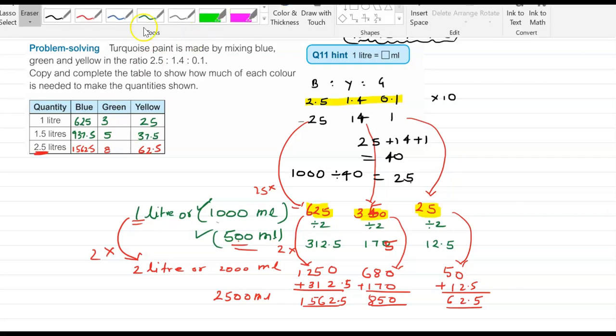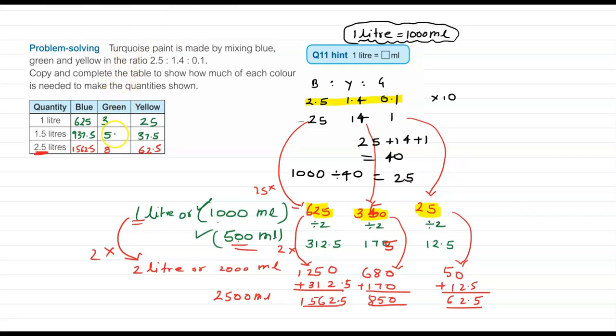So let's write it down here. The first one is 350. Now 350 plus 175 should be 525. And for 2 liter, if you multiply 350 times 2, it will be 700, right? So it is 700. Let me erase it.